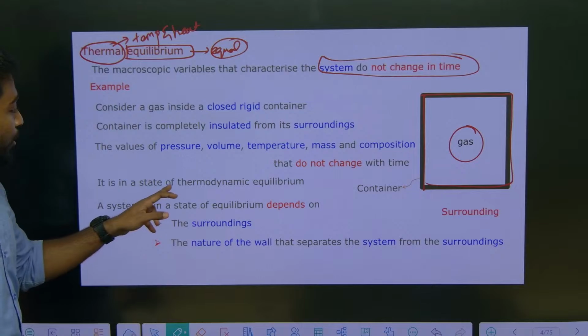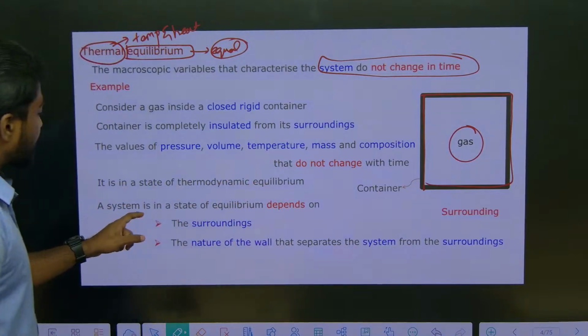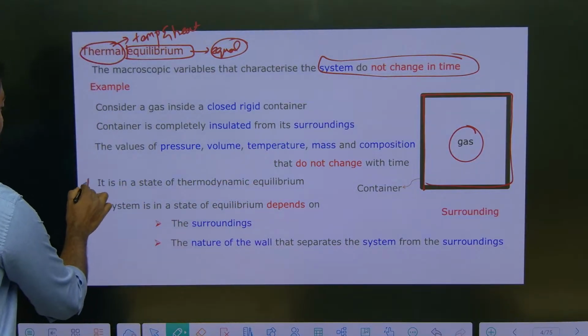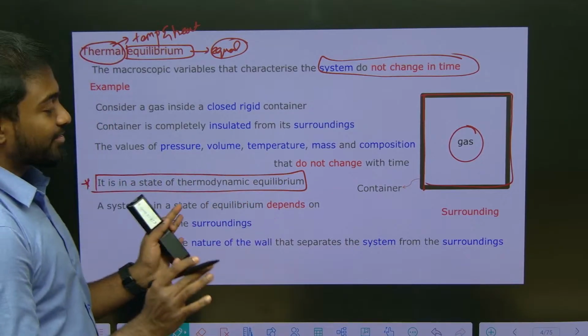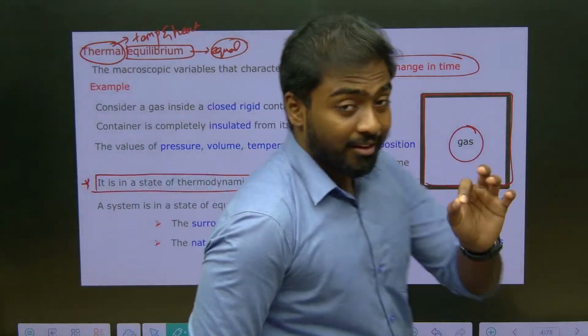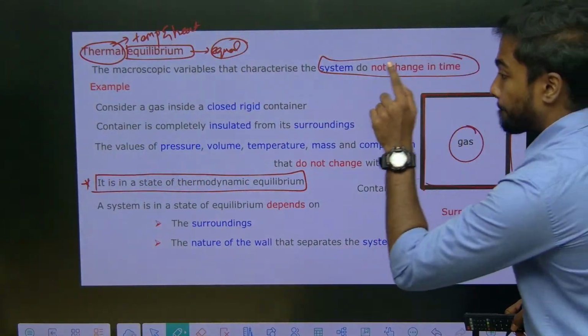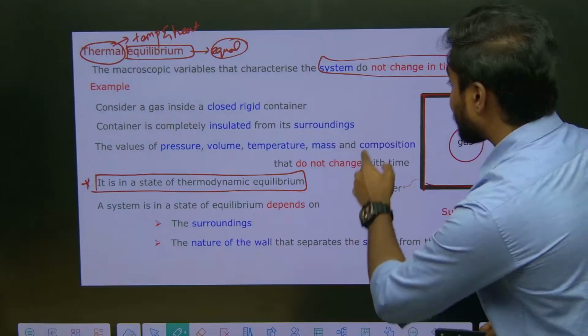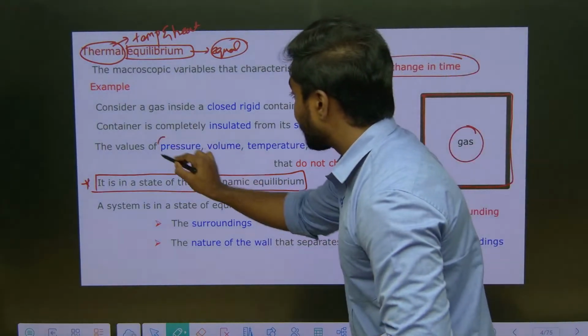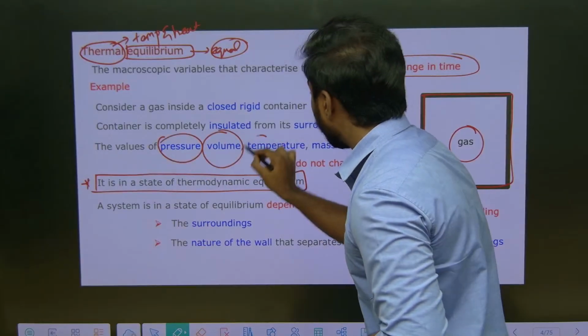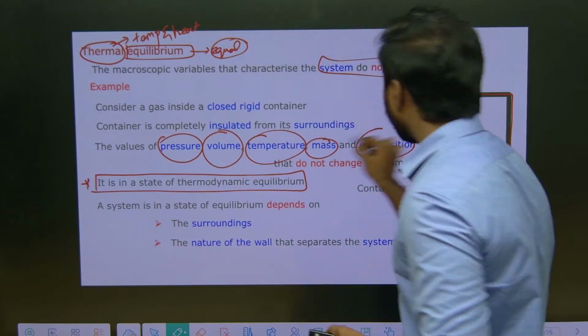The system is in a state of thermodynamic equilibrium if nothing is changing. Pressure, volume, temperature, mass and composition do not change. We should consider pressure, volume, temperature, mass and composition.